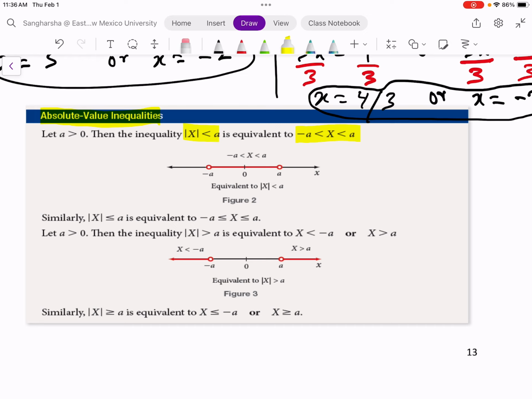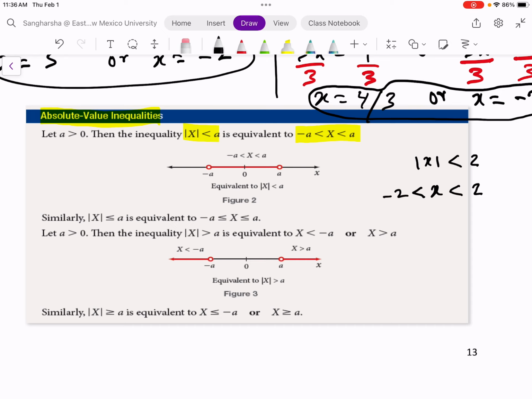So let's consider we have the absolute value of x less than 2. This is the same as x greater than negative 2 and less than positive 2. And this is how we can get rid of the absolute value.